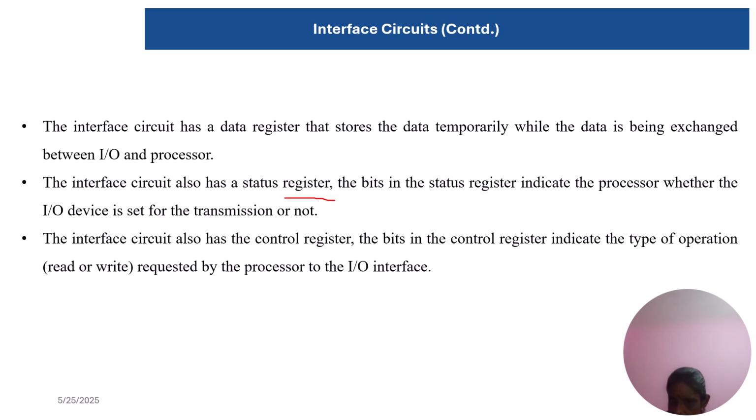Bits of the status register indicate to the processor whether the I/O device is ready for transfer or not. That is status. And then the interface circuit also has a control register. The control register holds the type of operation, read or write, as I already told you, requested by the processor. So control means read or write. Data means the direction of data flow. Status means whether the device has completed the transfer or not. That is the status.